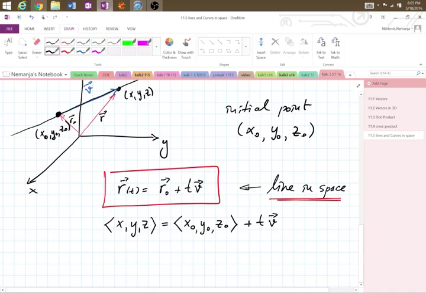Now, I'm going to call this vector v. Sorry, I'm going to give it A, B, C components. And I'm going to say here, plays the role of slope.